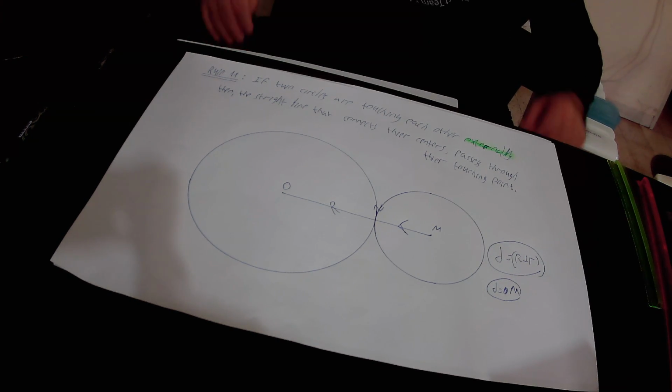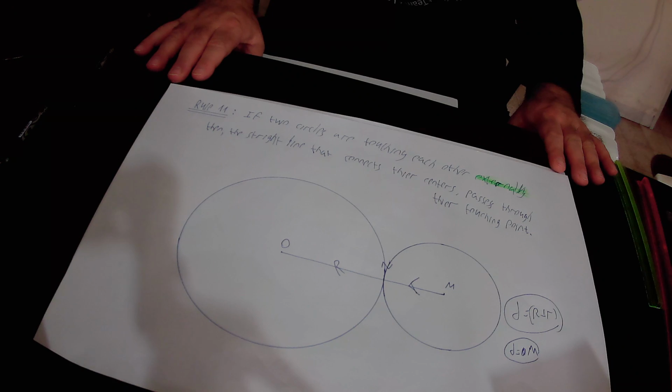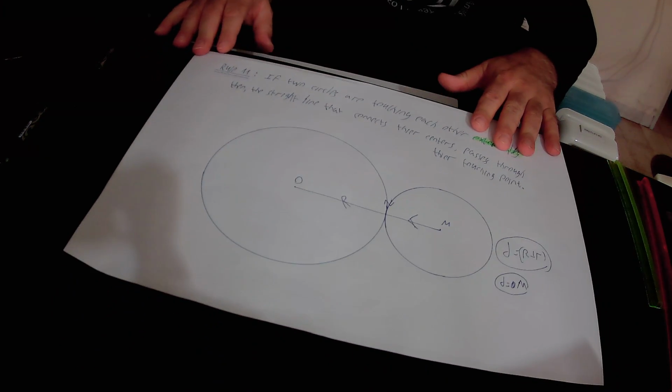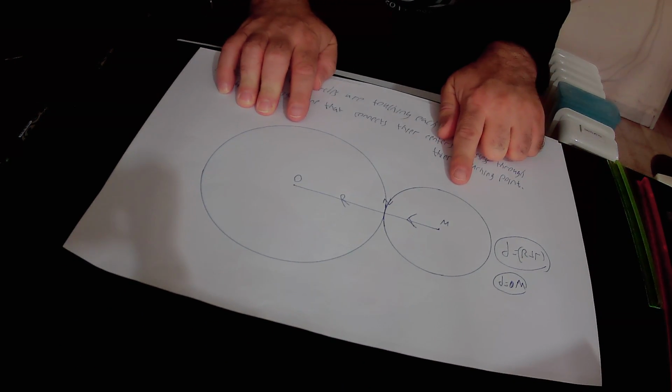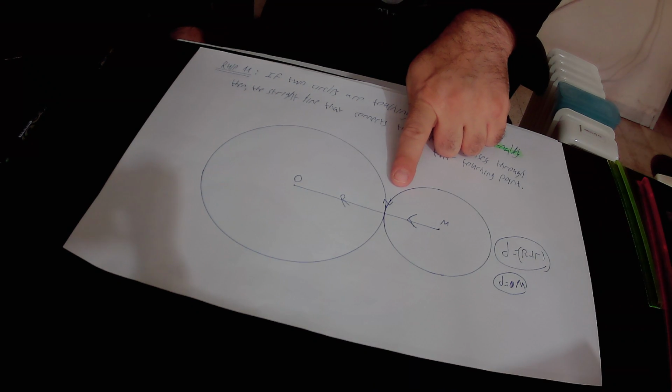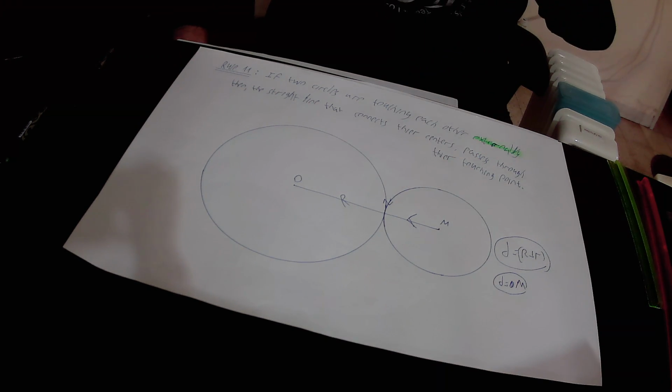According to rule number 11, if two circles are touching each other externally, here, those two circles are touching each other externally at point N. Point N is their touching point.